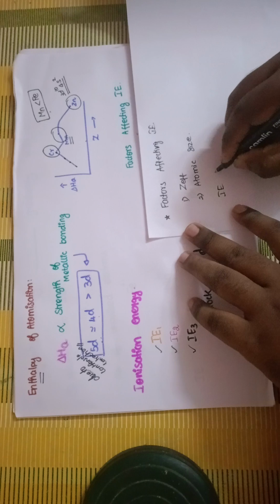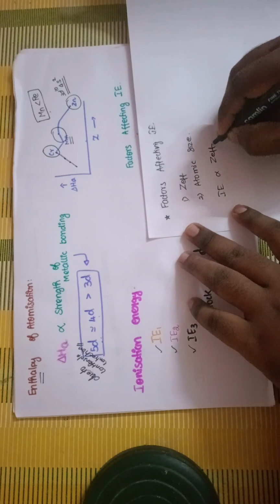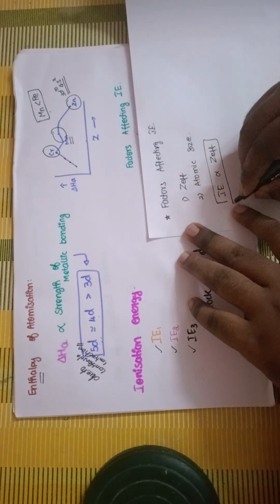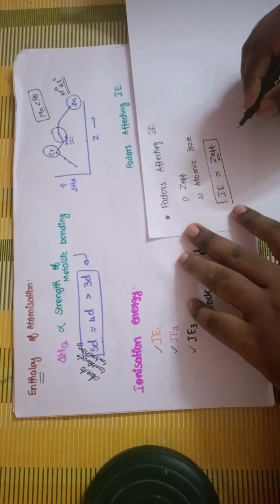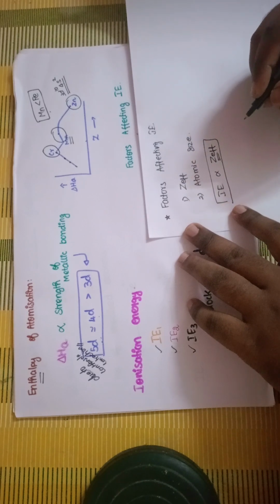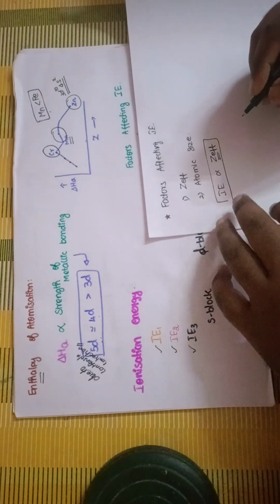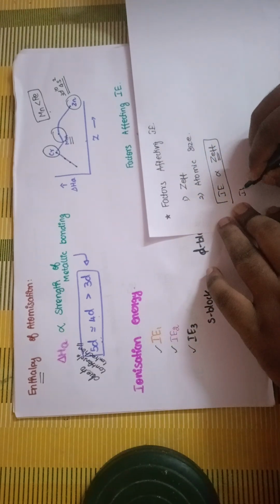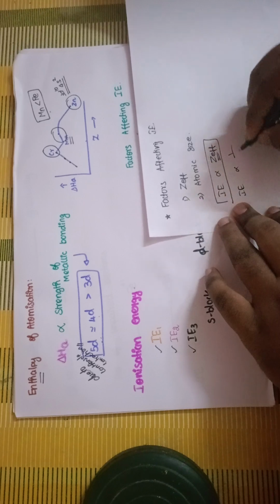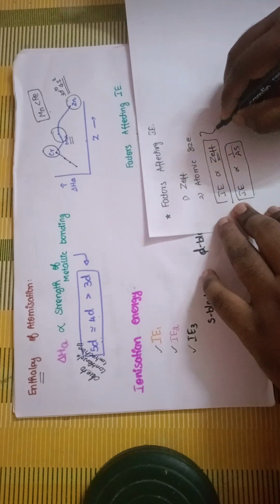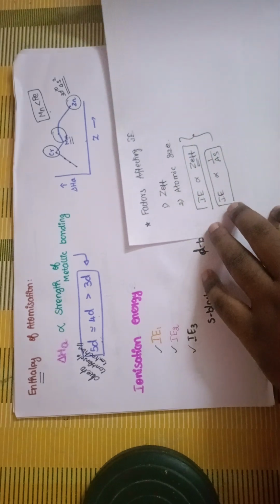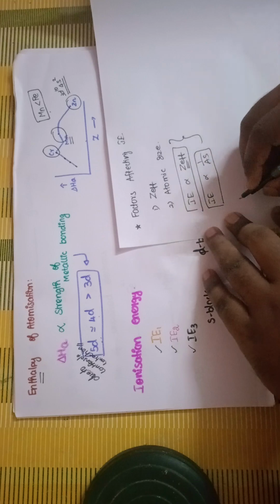Ionization energy increases if effective nuclear charge increases. Effective nuclear charge is nothing but the force of attraction existing between the nucleus and the electron which is going to get removed. Ionization energy decreases with increase in atomic size. They are inversely proportional. So this is about the factors that determine the ionization energy.